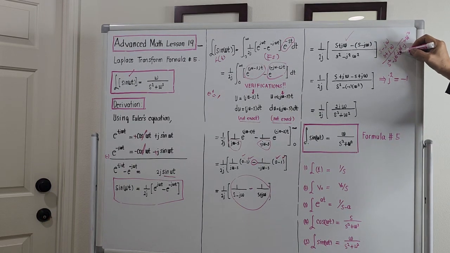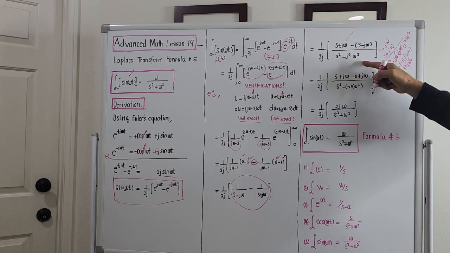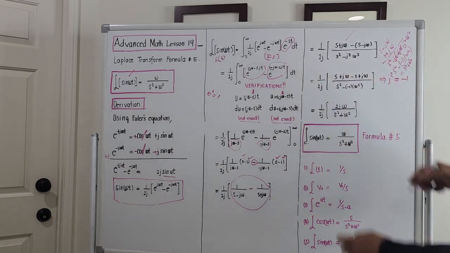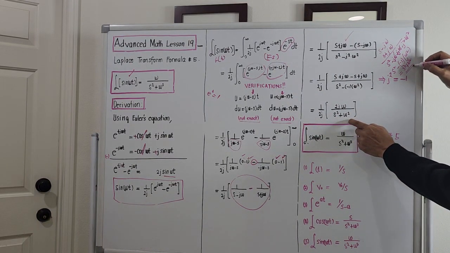So this cancels. What comes out is simply s squared minus, we replace the value j squared by minus 1, times omega squared. So what comes out will just be simply s squared plus omega squared, and this is a simplification.